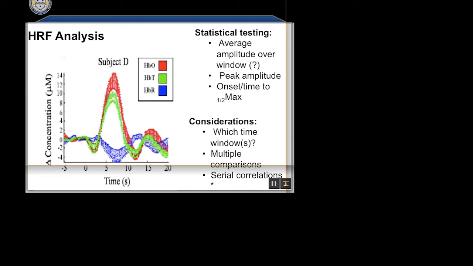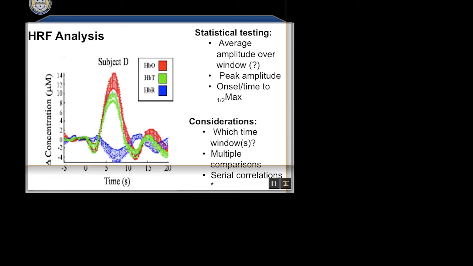So if you followed that kind of deconvolution ERP, you've got a time course, hopefully with some error bars on it. What you would have to do then is pick a window of time. In this case, this is a very short 2-second finger tapping data, so you might pick a window from, say, 5 to 10 seconds or so.